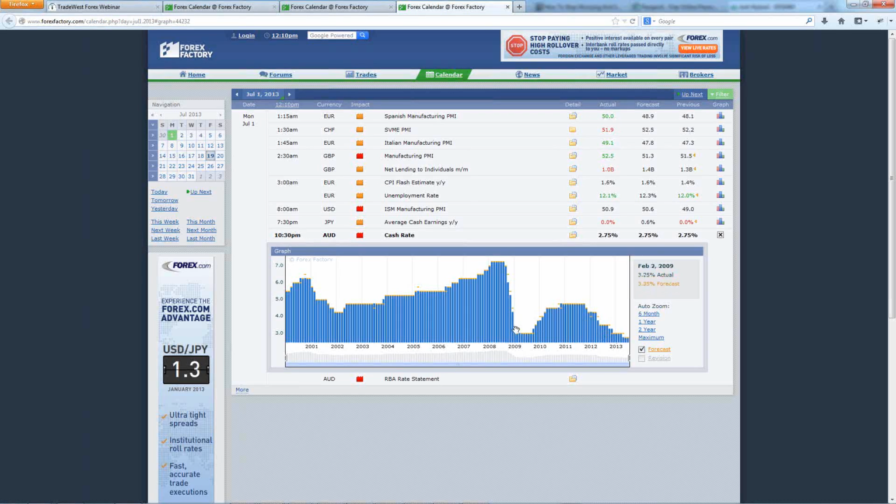So let's go look at some charts now. What did the Australia dollar currency pair look like for the last couple of years, back to 2009? Okay, so let me bring up a chart here.